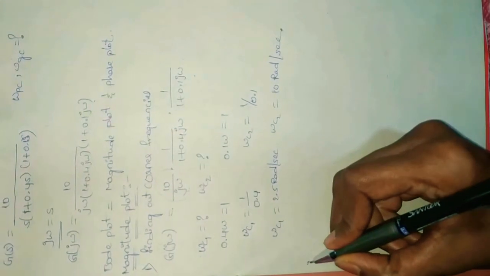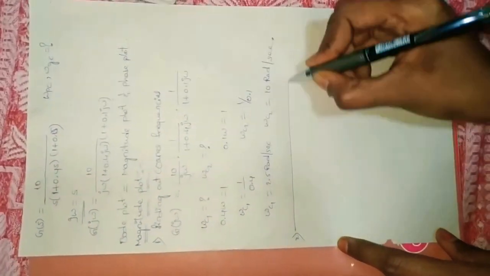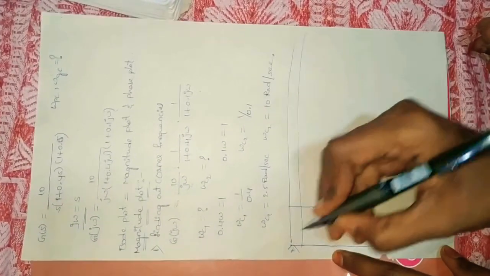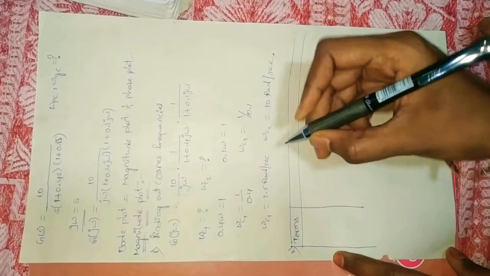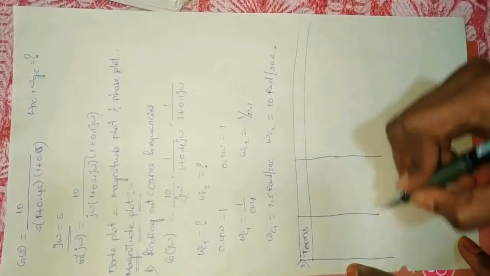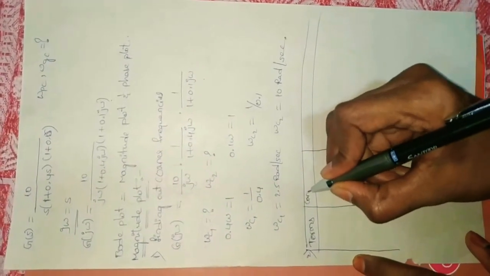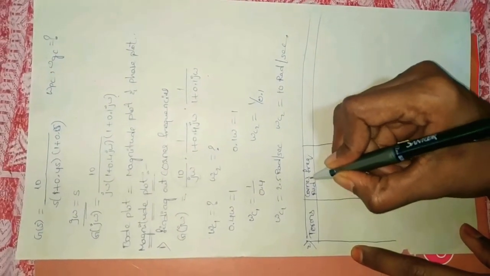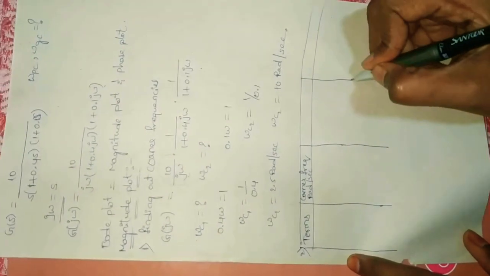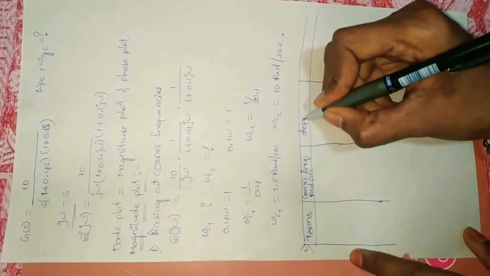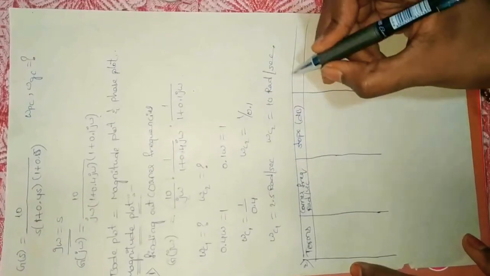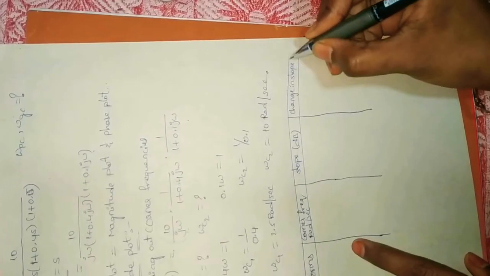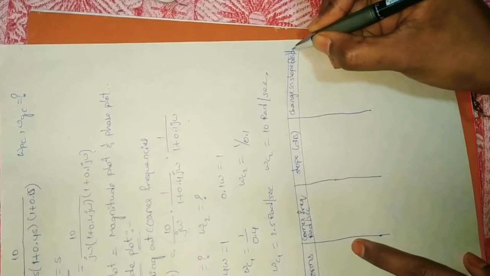In the next step you need to form one table. In this table the first column is terms, the second column is corner frequencies, measured in radians per second, the third column is slope, measured in dB, and the fourth column is change in slope, measured in dB per decade.